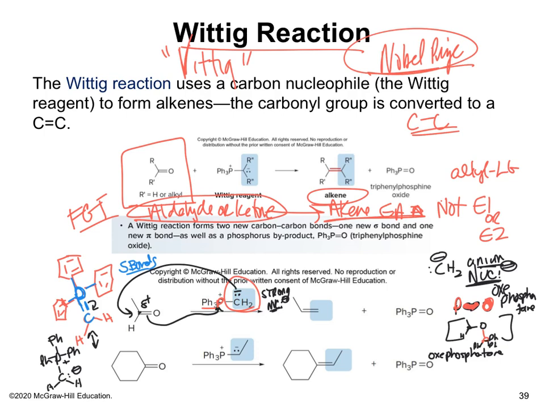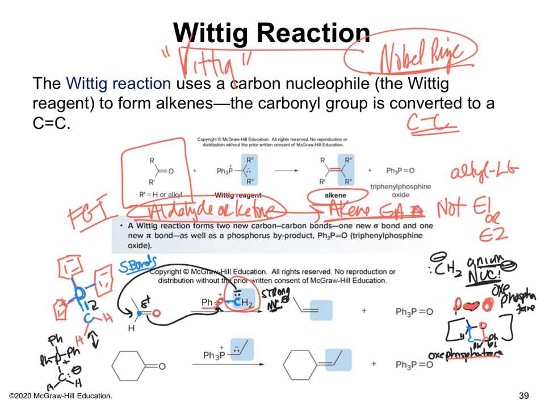And the phosphorus is still bonded to the carbon in your intermediate. So there's your carbon. The carbon's going to bond to the carbon, and the oxygen is going to bond to phosphorus. And it's going to make this four-membered oxaphosphatane. And then what happens is, I do want you to draw your oxaphosphatane.